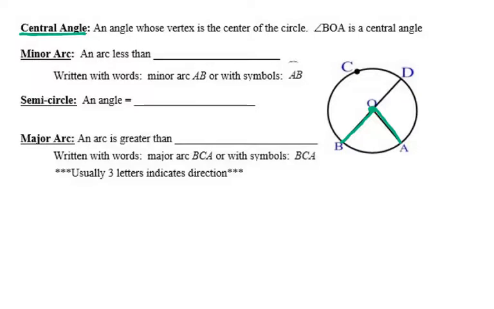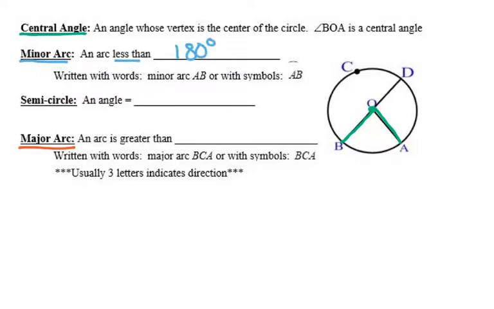We have two different types of arcs here. We have what's called a minor arc, and then we have what's called a major arc. And this is all going to be in relationship to the size of the arc, kind of like what we think of as an obtuse angle or an acute angle. So if we have a minor arc, it's going to be an arc that is going to be less than 180 degrees.